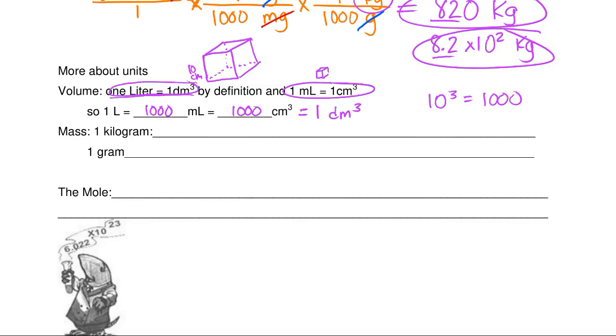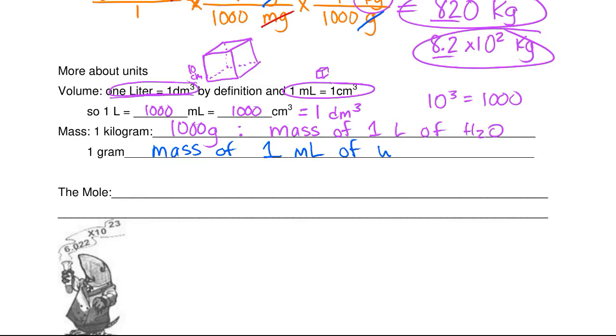The mass of 1 kilogram, which we know contains 1,000 grams, is the mass of 1 liter of water. And 1 gram is the mass of 1 milliliter of water. Because the density of water, so D H2O, equals 1 gram per milliliter, or gram per cubic centimeter.